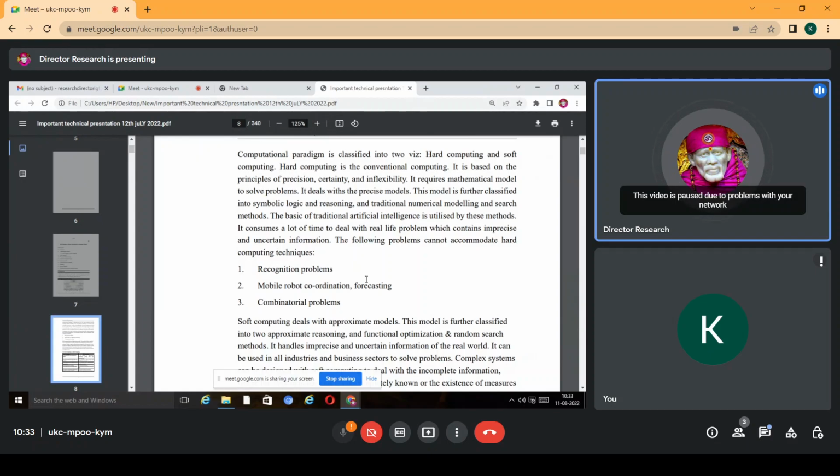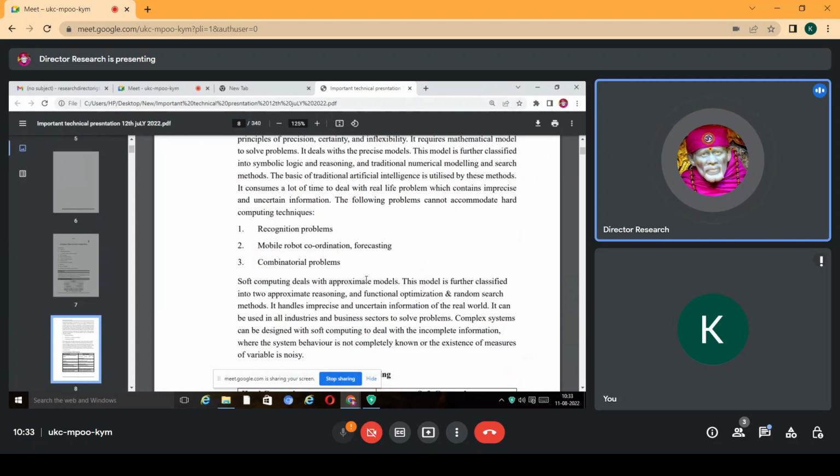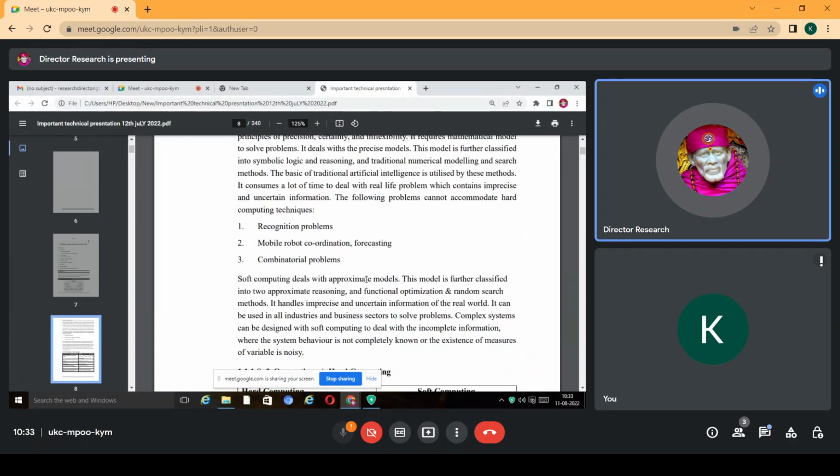The basic traditional artificial intelligence is utilized by these methods. It consumes a lot of time to deal with real-life problems, which contain imprecise and uncertain information. The following problems cannot be accommodated with hard computing techniques: recognition problems, mobile robot coordination, forecasting, and combinatorial problems.